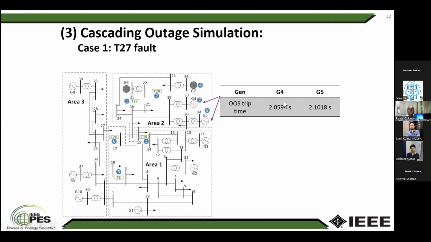Followed by that, G4 and G5 tripped on the overload condition, at 2.0594 seconds and 2.1018 seconds.